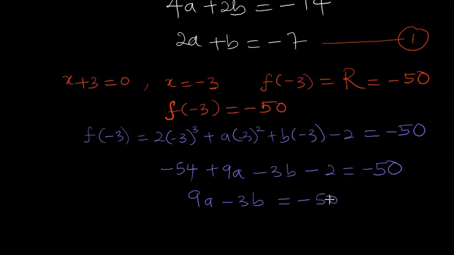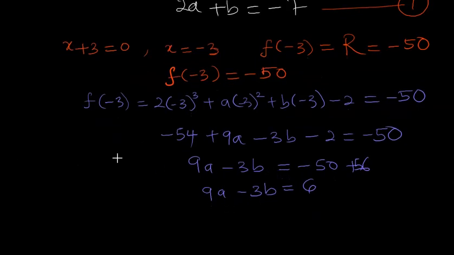We take this to the other side, it becomes plus 56, so this becomes 6. We have 9a minus 3b equals 6, which can be further reduced by dividing everything by 3 to 3a minus b equal to 2. Let's say this is equation 2.